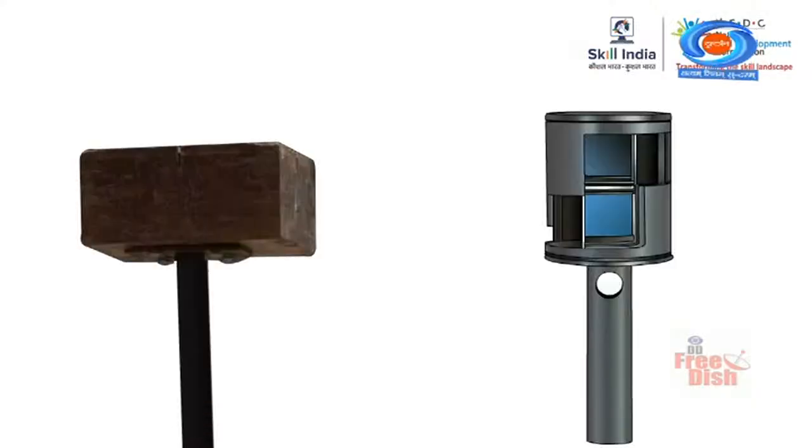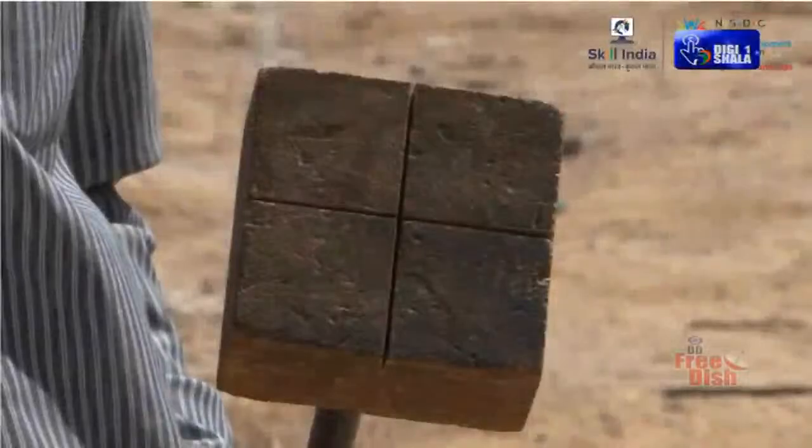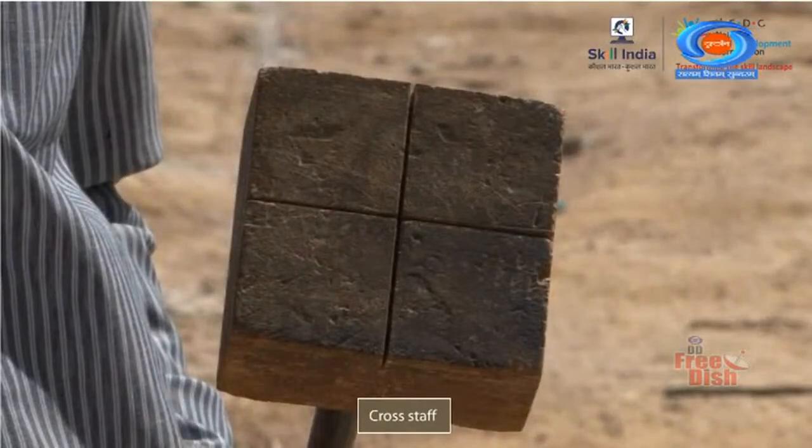In this module, you have learnt how to identify the instruments required for right angles and how to use those instruments. One of those instruments is the cross staff, which consists of a pole mounted with an arrangement of slits called sighting vanes.